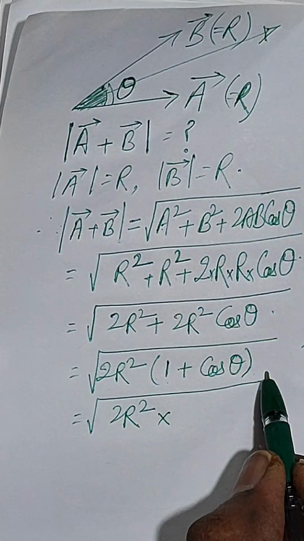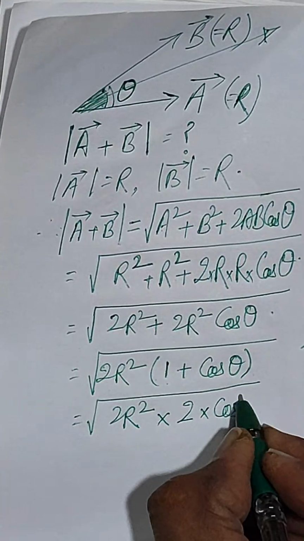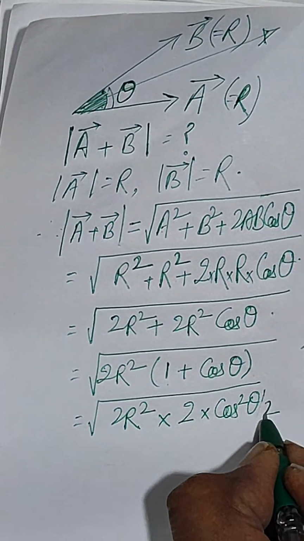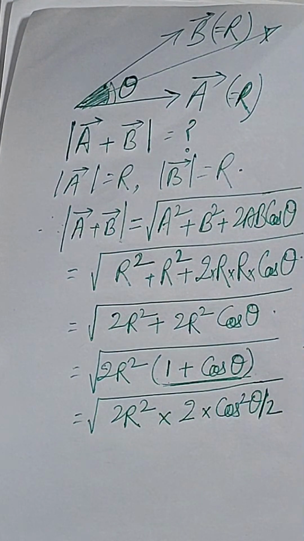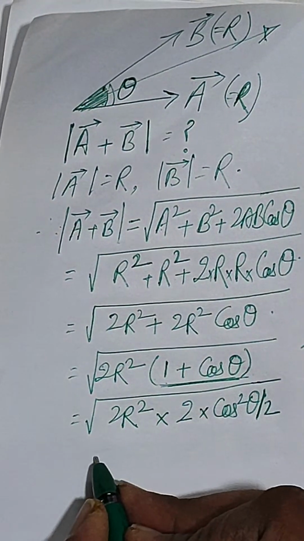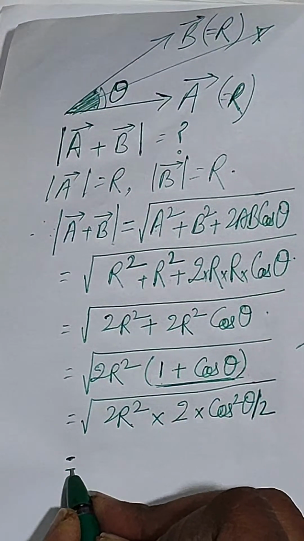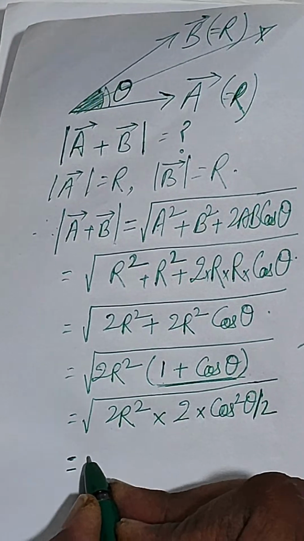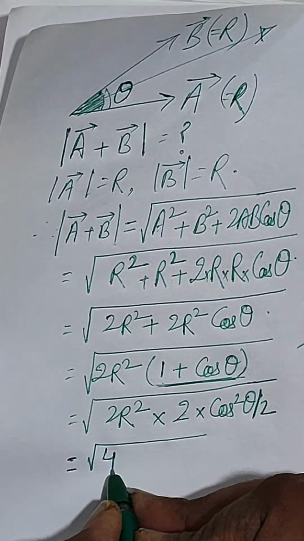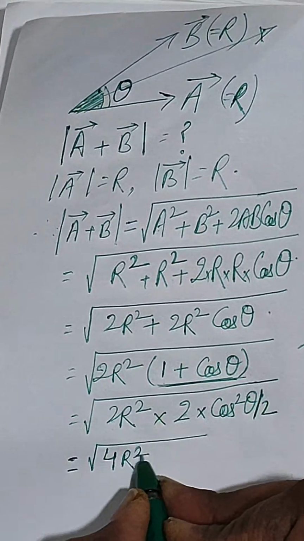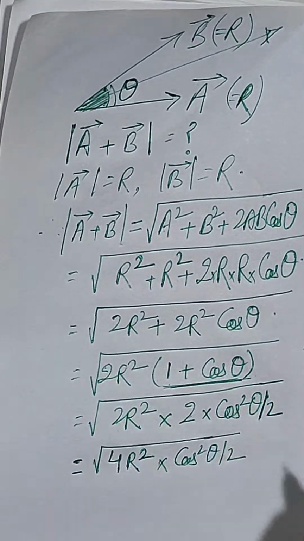This 1 plus cos theta can be written as 2 times cos square theta by 2. So from here you can see root over 2 into 2 is 4 R square into cos square theta by 2, right?